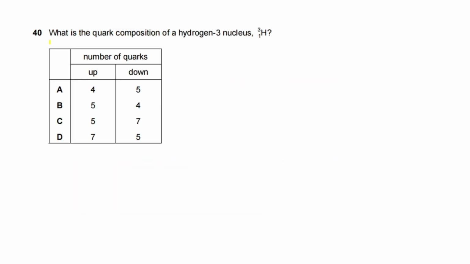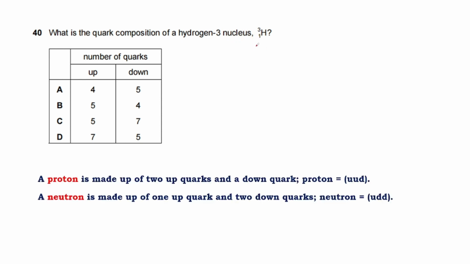So the last question of this paper, question number 40. What is the quark composition of the hydrogen 3 nucleus? Here we can find the quark composition using the protons and neutrons, because it's a hydrogen nucleus. We know that there is 1 proton and the nucleon number is 3, which means 2 neutrons are there.